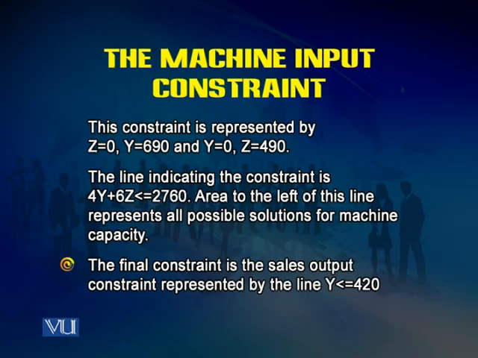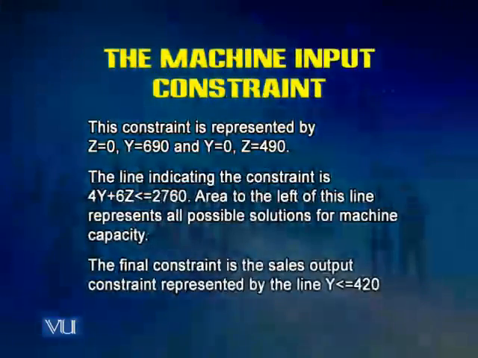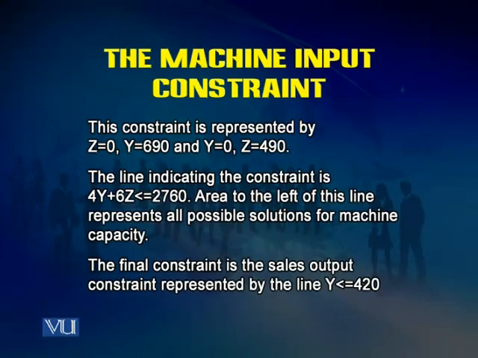Exactly in the same way, we can draw a line for the machine capacity constraint, by first assuming that y is 0 and finding the value of z, and then when z is 0, finding the value of y. Join the 2 points together, and that gives you a line for this machine capacity constraint.